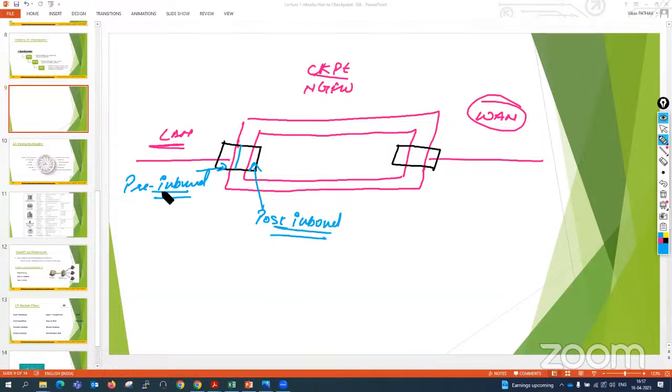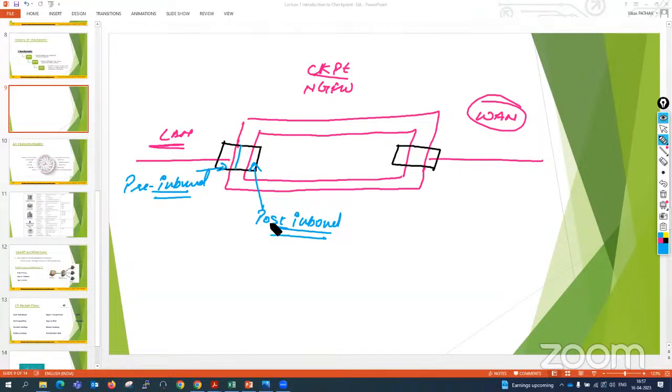So they say we have two parts of our inside interface: one is called pre-inbound and another is called post-inbound. What is the use of this pre-inbound, post-inbound?